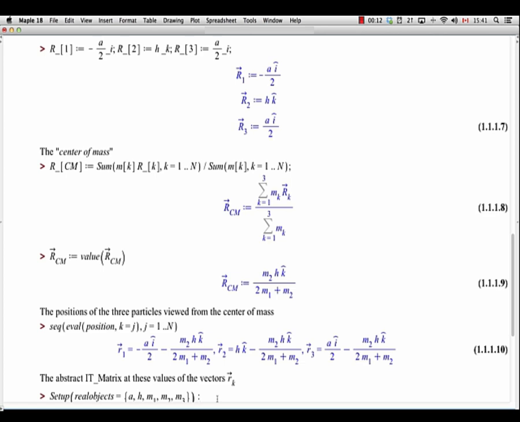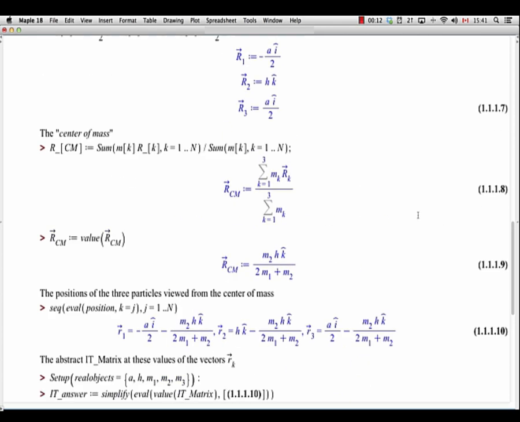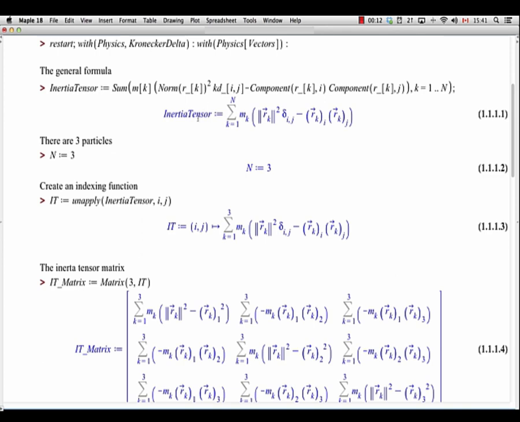And now all the objects are assigned, so we can directly compute the value of the inertia tensor by simply evaluating the matrix. So summarizing, we start with a very abstract formula for the inertia tensor, components of non-projected algebraic representations of coordinate-free vectors.